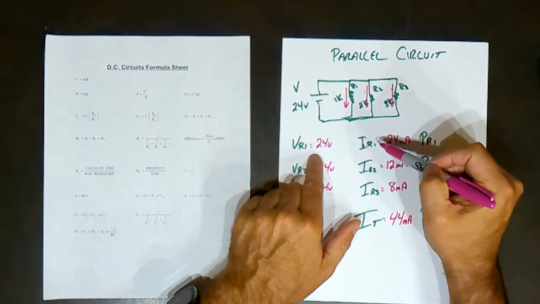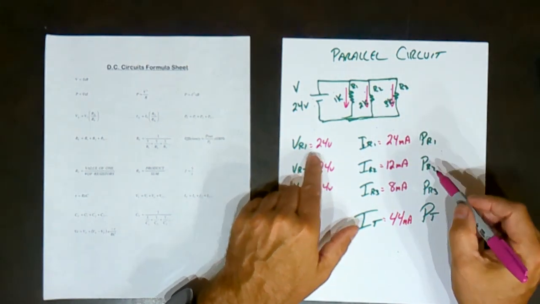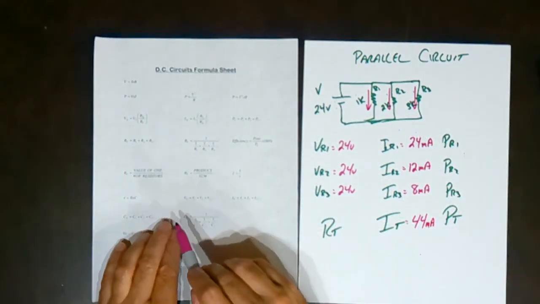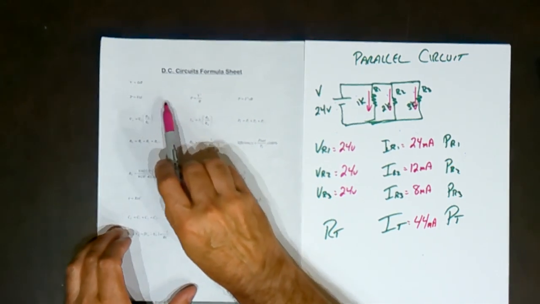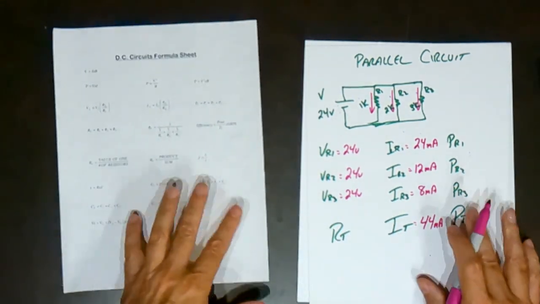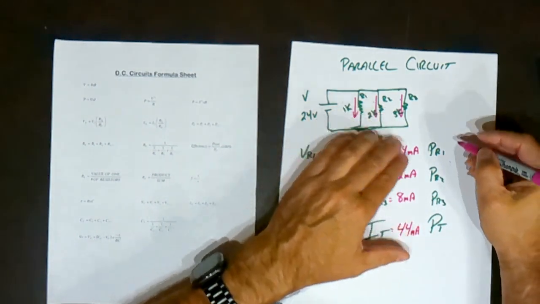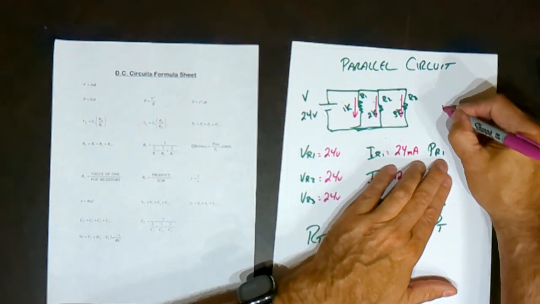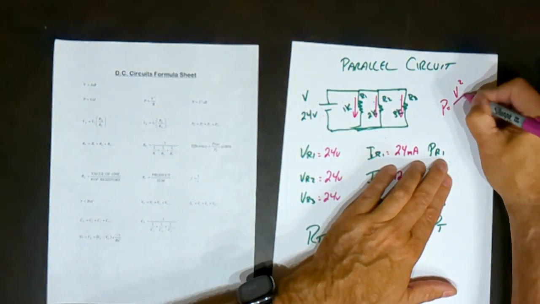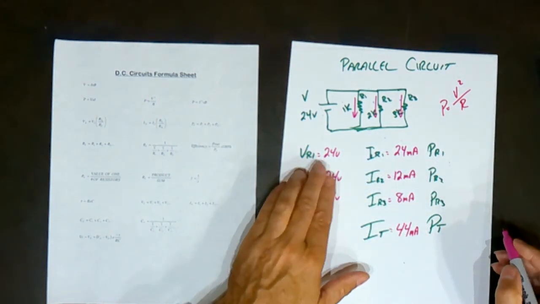Because I have voltage, current, and the value of resistance, it makes it easy to calculate power. I can use any of the power formulas on our formula sheet. So in this case, let's just do this one. Power is equal to voltage squared divided by resistance.